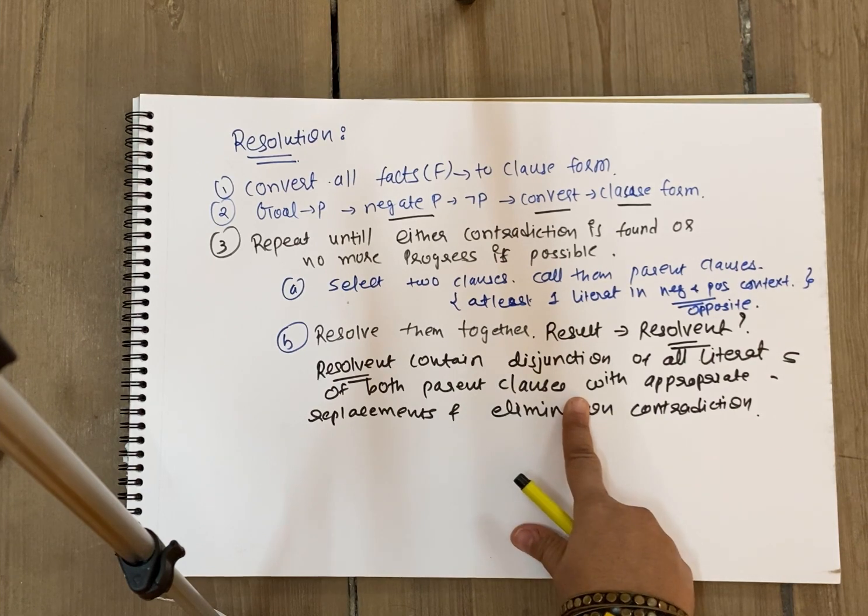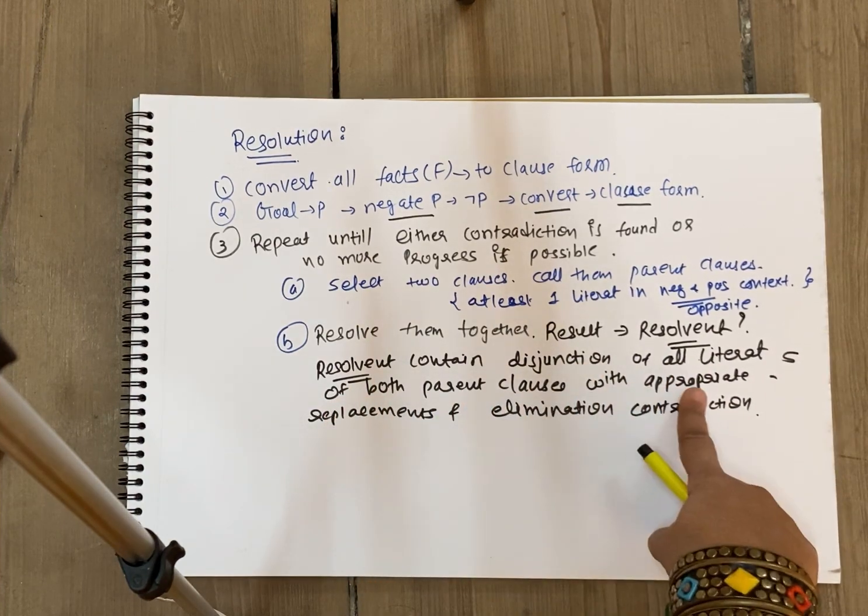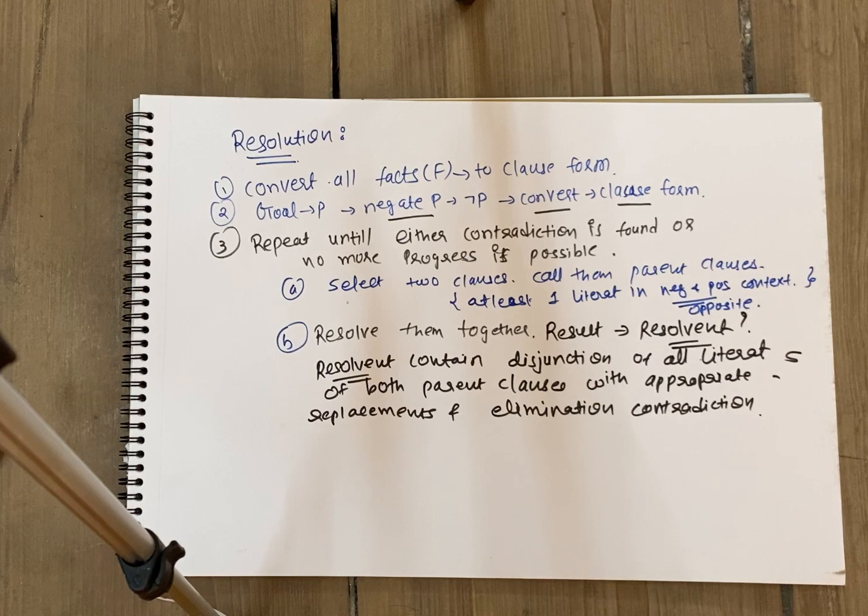So if the first parent clause contains A and the second contains B, then the resolvent will have A or B. This we'll see with an example so it will be more clear. If you have to replace any variable by an atomic value, that replacement will be considered over here.